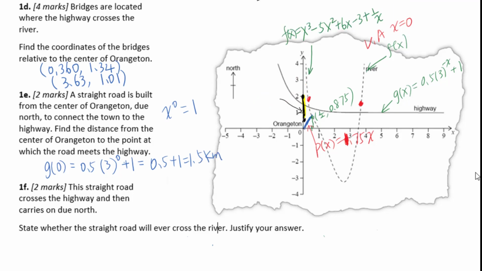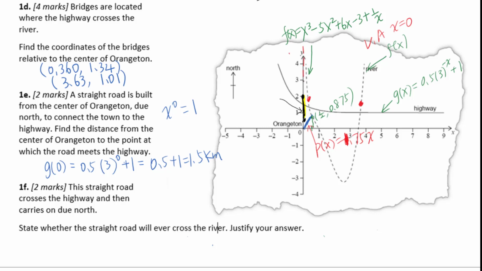Let's go to 1f. The straight road crosses the highway and then carries on due north. State whether the straight road will ever cross the river. Justify your answer. We do know the function for the river equals x to the third power minus 5x squared plus 6x minus 3 plus 1 over x. This is a rational function. For a rational function, there is a vertical asymptote line, x equals 0.